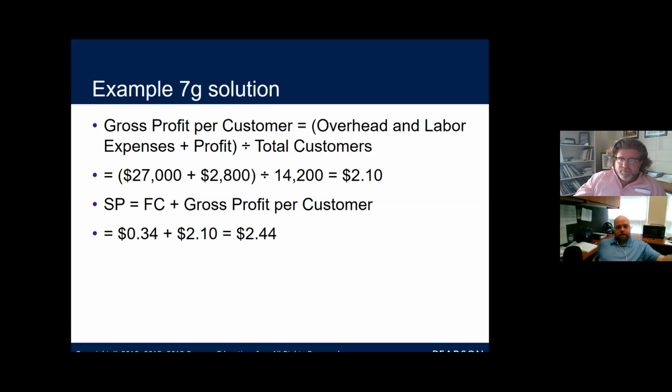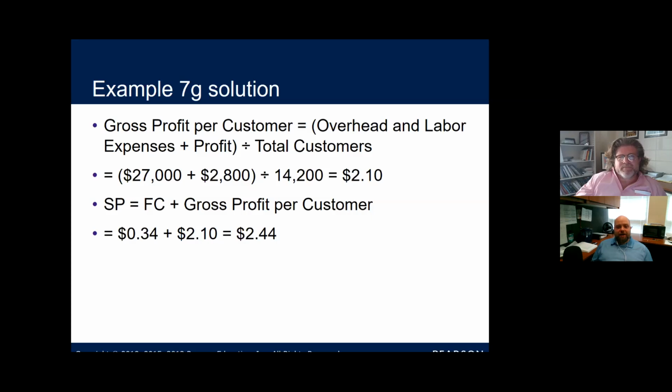So we do the overhead and the labor expense plus profit. The overhead and labor is the 27,000, plus our profit we're expecting to make, divided by the number of customers, gives gross profit per customer, $2.10. So then we take the 34 cents plus the $2.10, again $2.44. I'd be questioning why we're just making that.